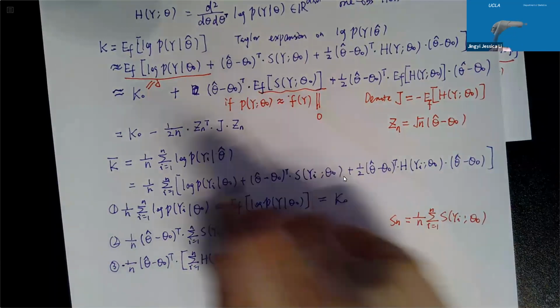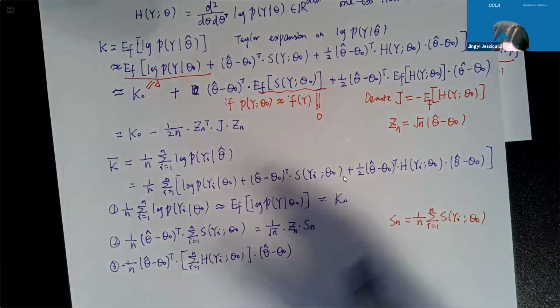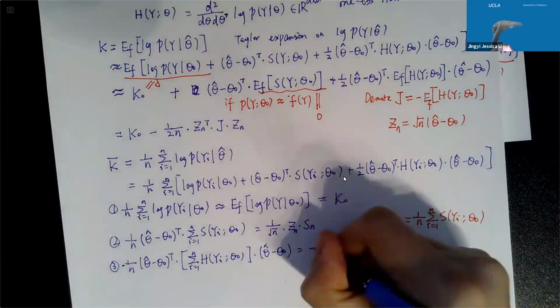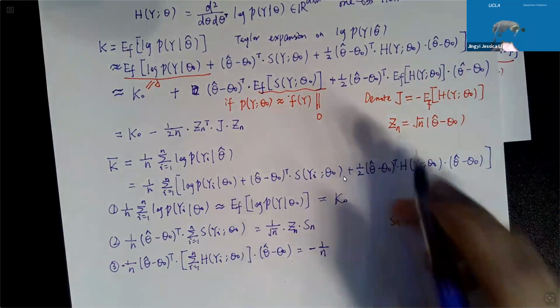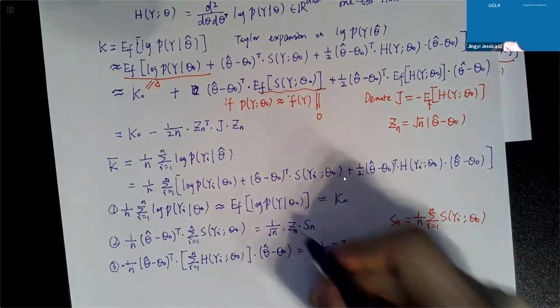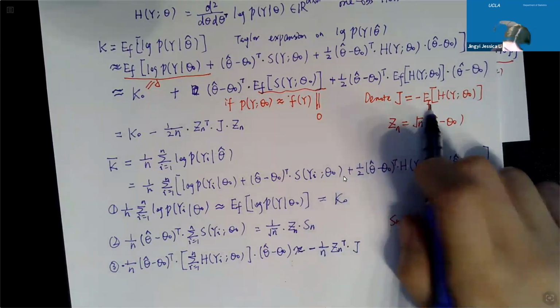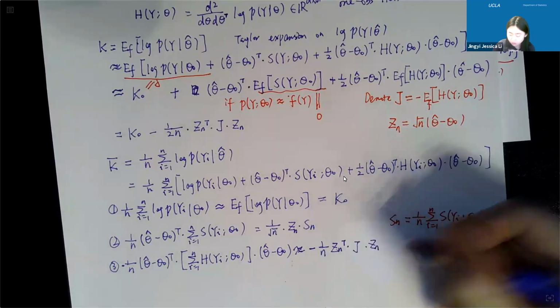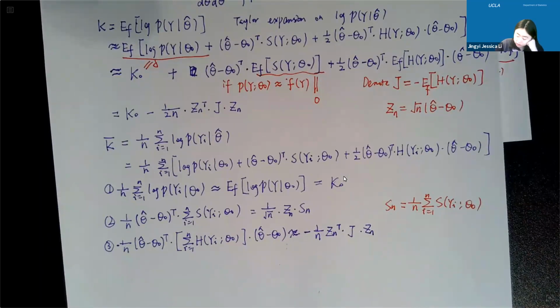So here I'm going to have negative 1 over n, which comes from the Zn, times Zn transpose, approximately J, times Zn. For the third part, I also use the approximation, so I can link the average with the expectation.